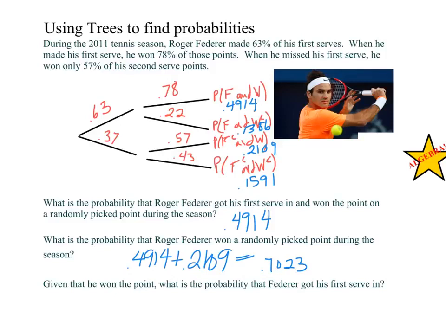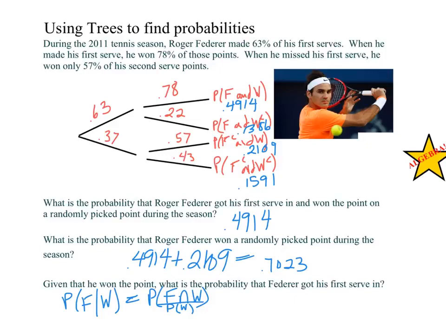Okay? Finally, given that he won the point, what is the probability he got his first serve in? So, given that he won the point, so it's going to look like this. What's the probability the first serve was in, given that he won the point? So, by formula, remember we do probability of first and win divided by the probability of win.